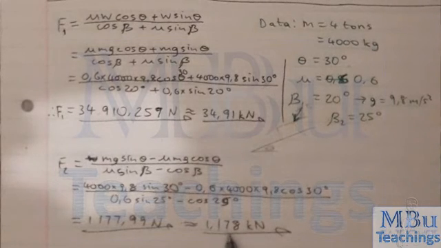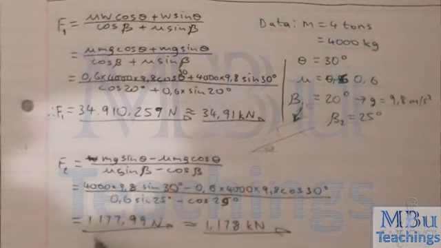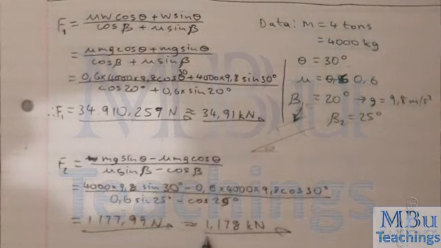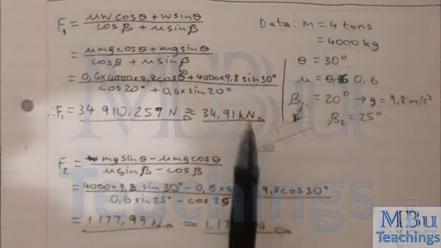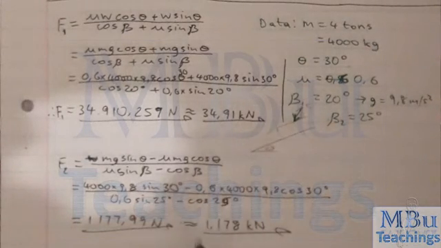This is a very small force compared to 34. You can see this is 34 kilonewtons, this is 1. So it's very, very small compared to that one. It's more than 30 times less than just to climb up, but this one to go down is quite smaller. That's what it means.